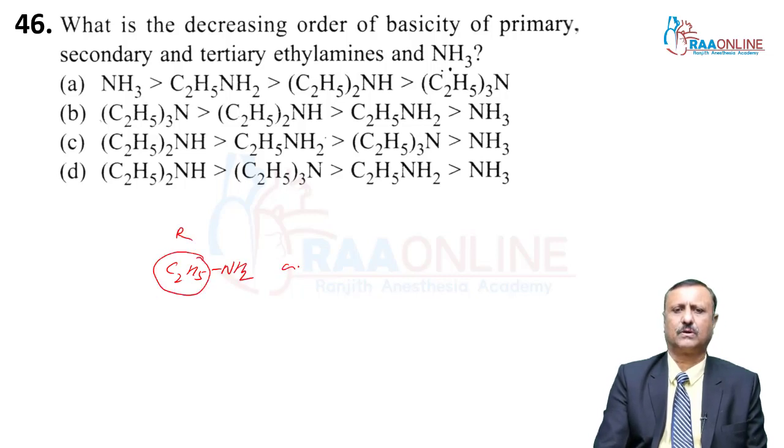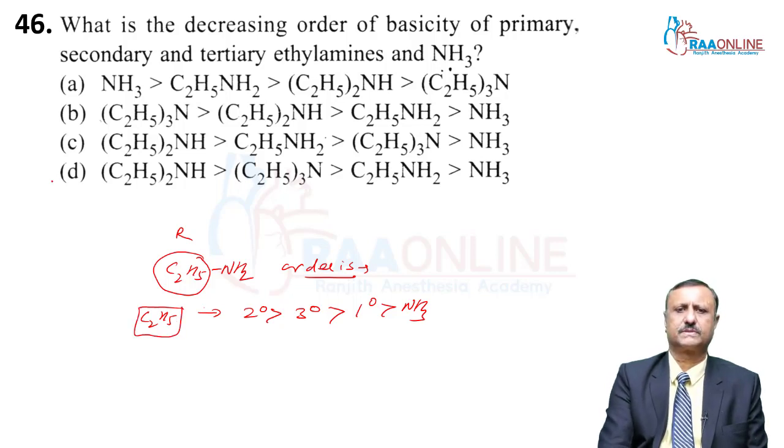The basic order is secondary, then tertiary, then primary, and then ammonia. This is the basic order for the ethyl group. So you can see option D: secondary amine, tertiary amine, primary amine and ammonia. So the answer is this.